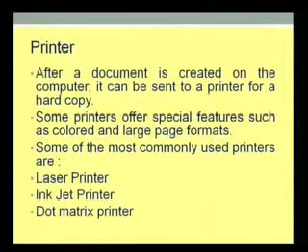Then the next category is the dot matrix printer. A dot matrix printer is an impact printer. We can take multiple copies at a time, so we have the advantage of that impact. But the dot matrix printer is a very slow printer, and we have very much noise when we print with a dot matrix.